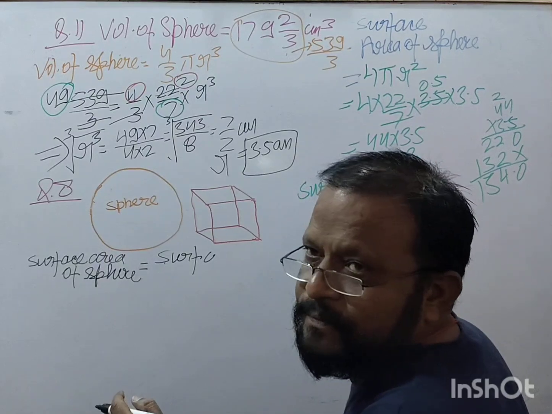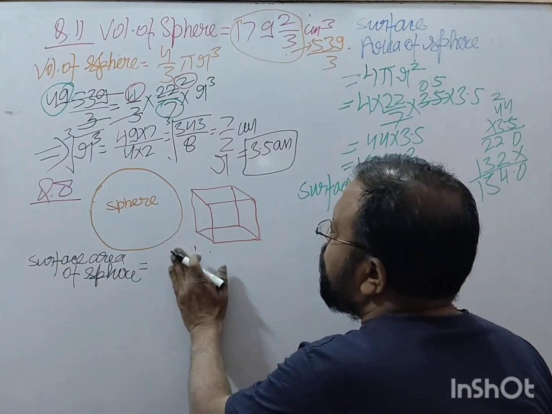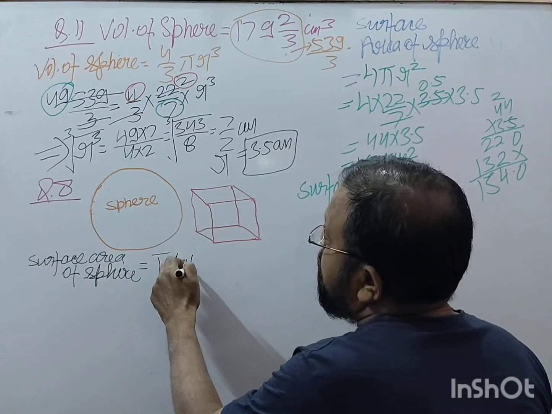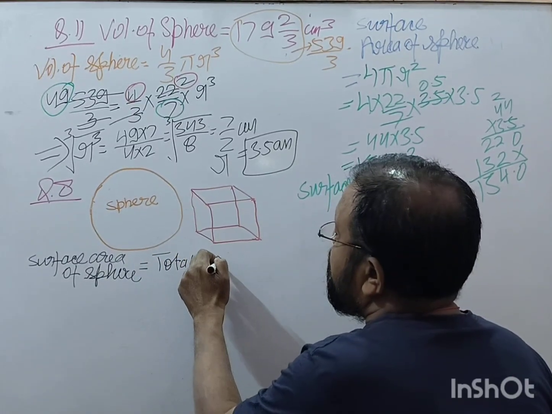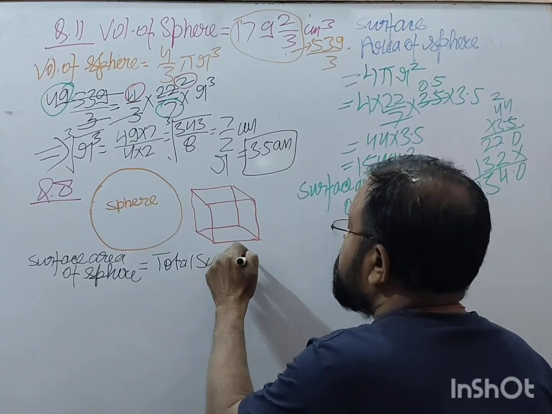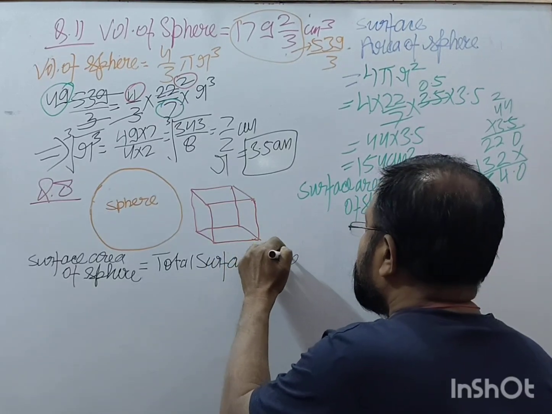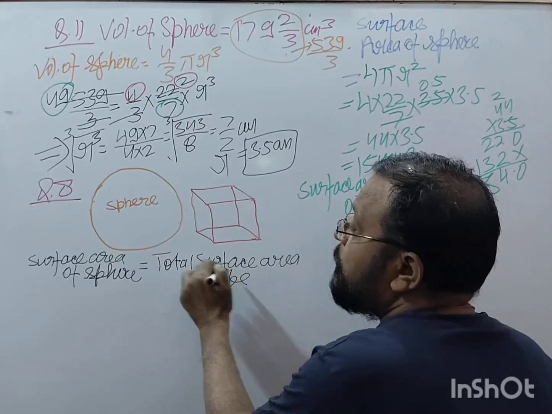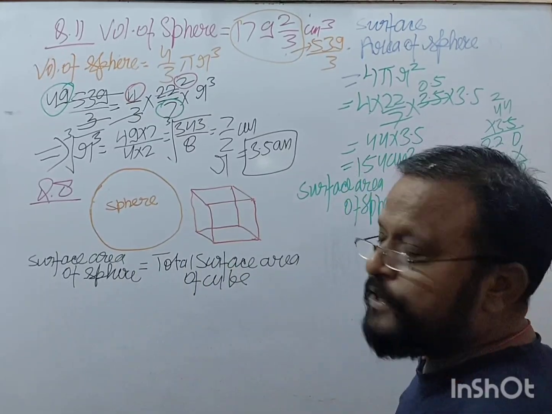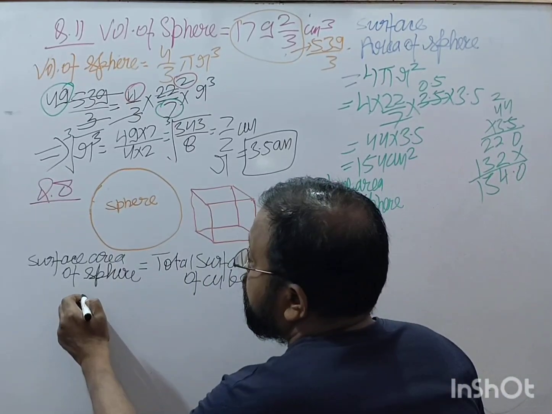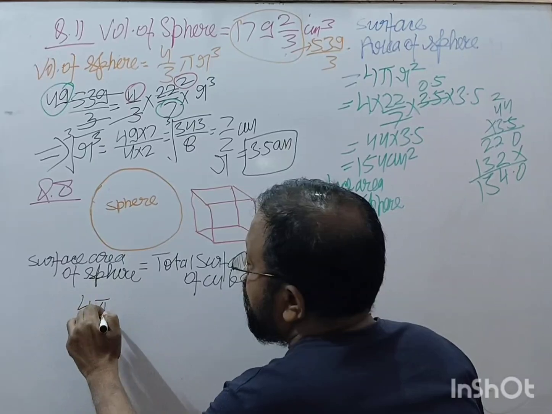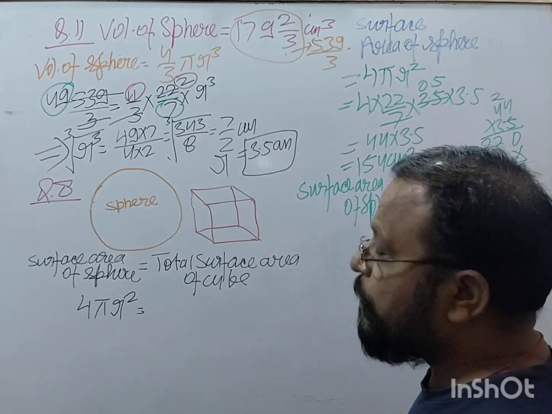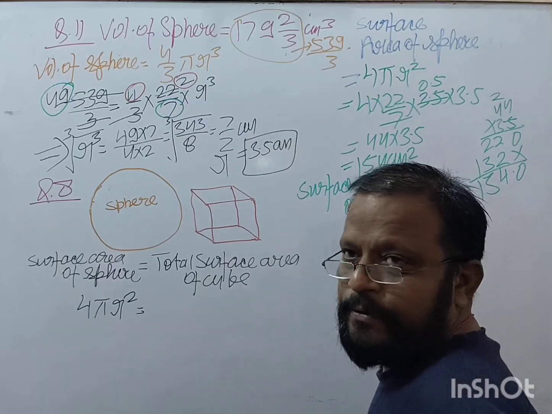Surface means total surface area of cube. Total surface area of cube. Right? Surface area of a sphere is what? 4 pi r square is equal to total surface area of cube.